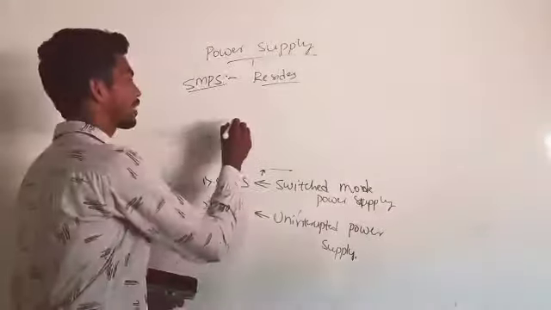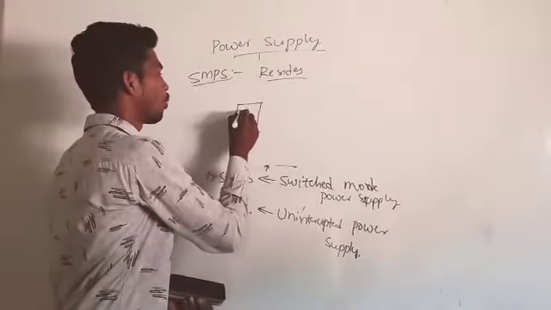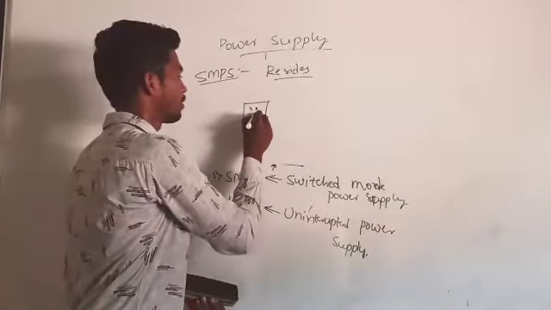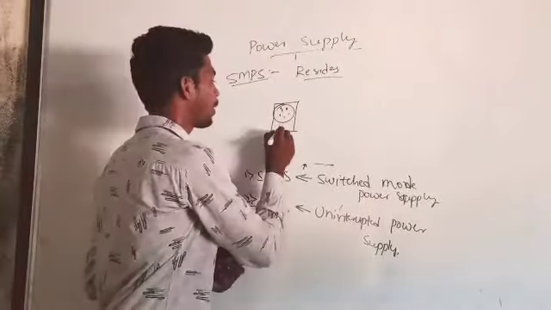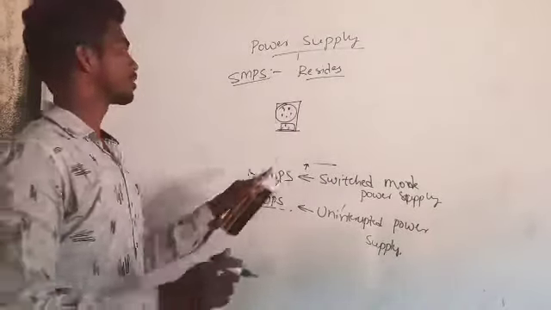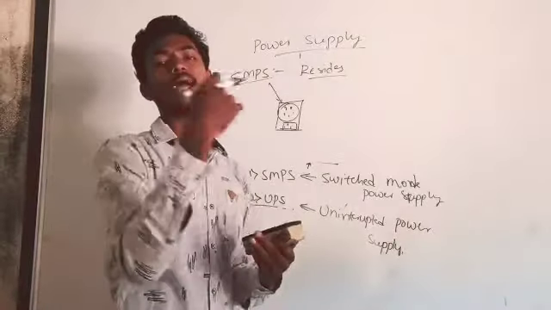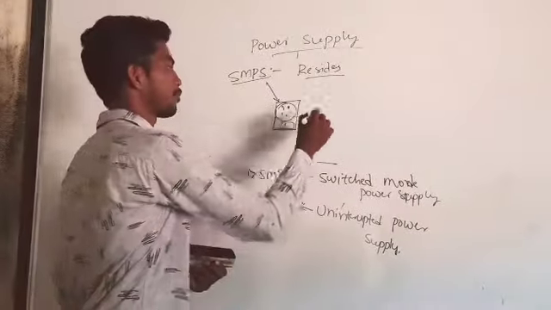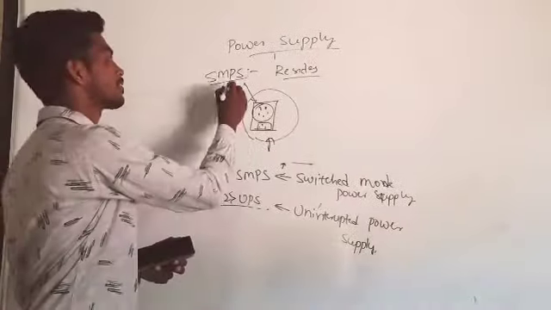It looks like this, and it contains a fan at the rear end and the power connector, like this three port. This is called the SMPS, and it resides at the back end of the CPU.